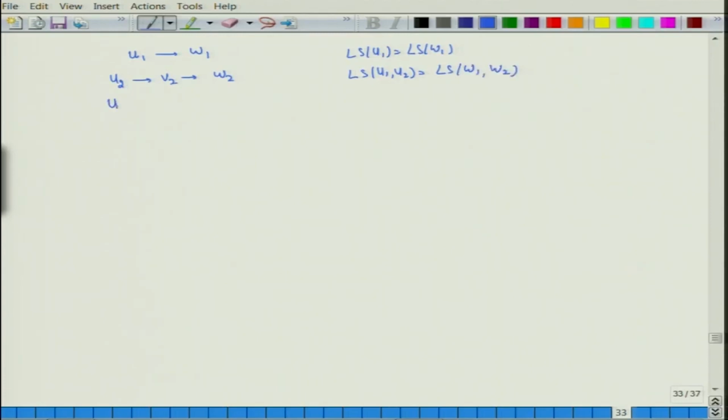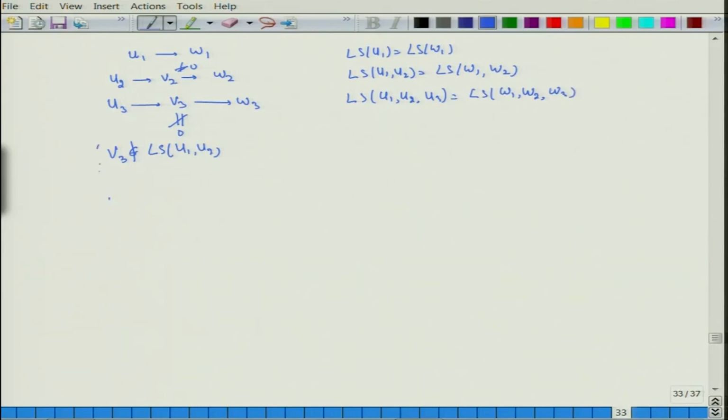At the next stage I have u3, I go to v3, this is not 0, similarly as before, because v3 does not belong to the linear span of u1 and u2. I get from v3 to w3, and again LS of u1, u2, u3 will be equal to LS of w1, w2, w3. Is that okay? So this way you can build up the whole thing at any stage.